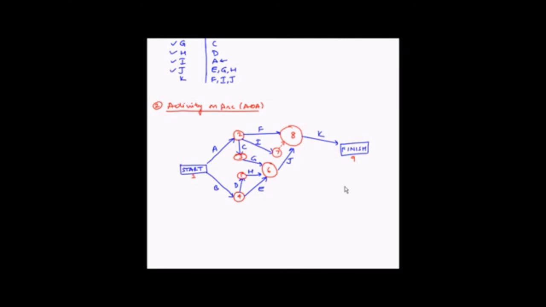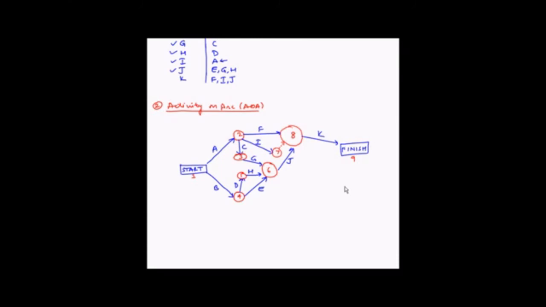Now based on both the network diagrams that we saw, the AON and AOA, you would note that both these approaches can accurately represent all the activities and precedence relationships in a project.